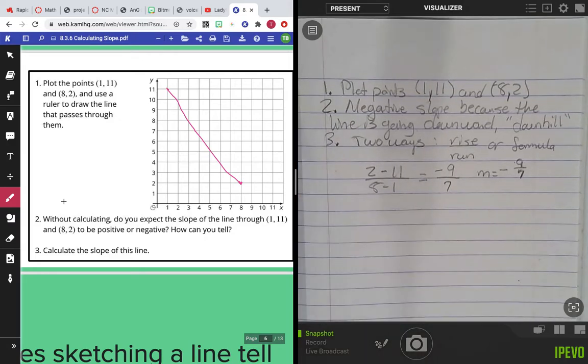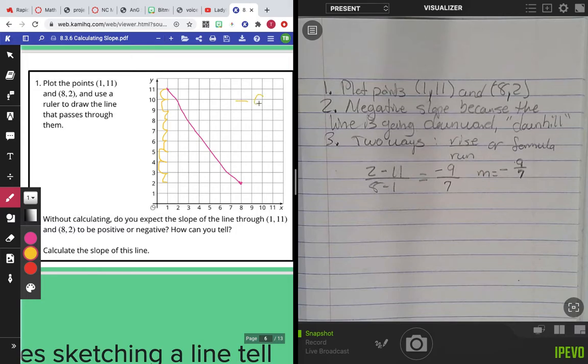Now, I guess we could do it from my graph, because I could just use my 2 points that I made. And so let's do that just to verify that our slope is negative 9/7. So my rise in this case is going to go downward, which is another reason why it's negative. So 1, 2, 3, 4, 5, 6, 7, 8, 9.